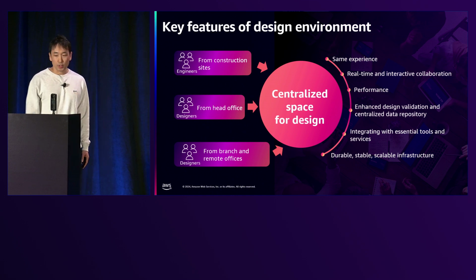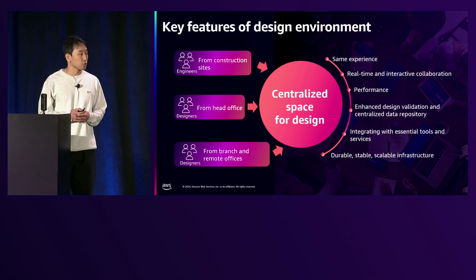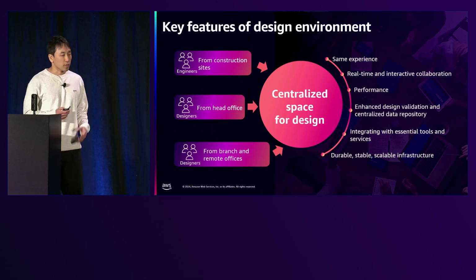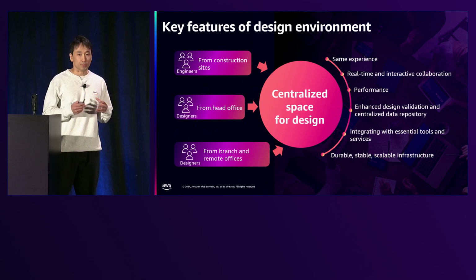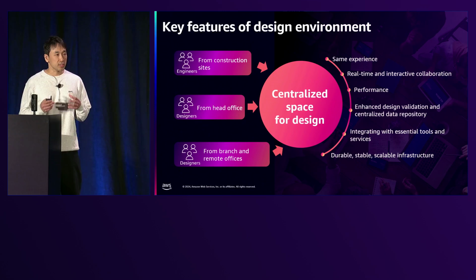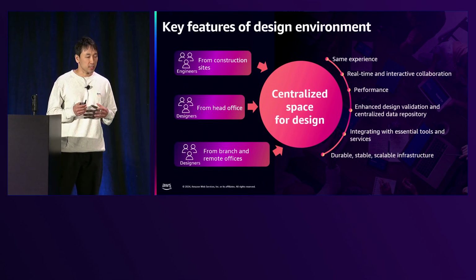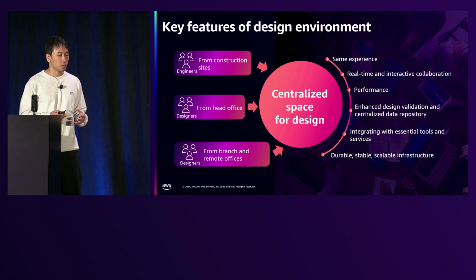To maintain security in an environment where users access from distributed locations, we can consider a centralized space. This centralized space also allows us to maintain data consistency throughout the end-to-end design flow.